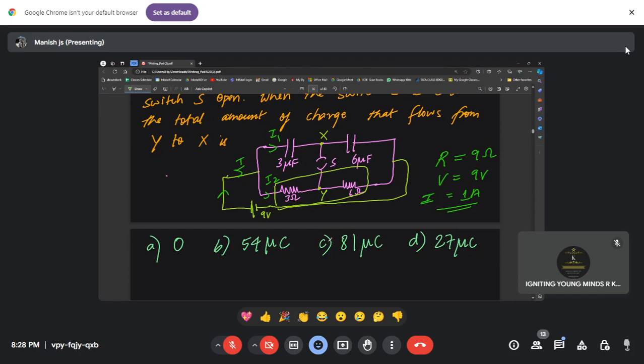So in series combination of capacitors, what is same and what is different? I hope you guys will be knowing. In series combination of capacitors, which parameter is same and which parameter is different?